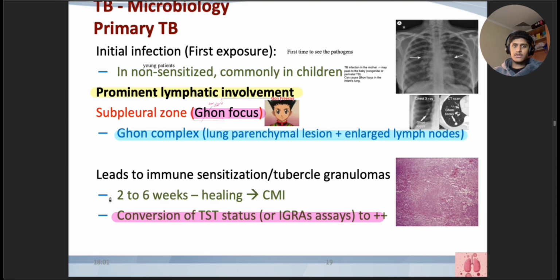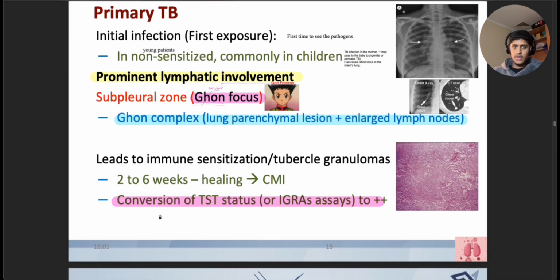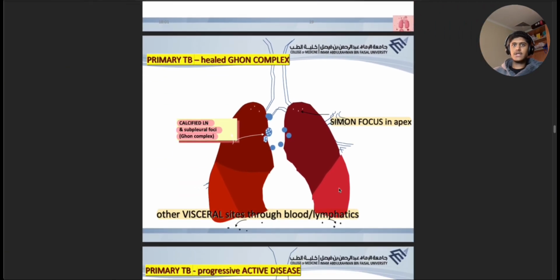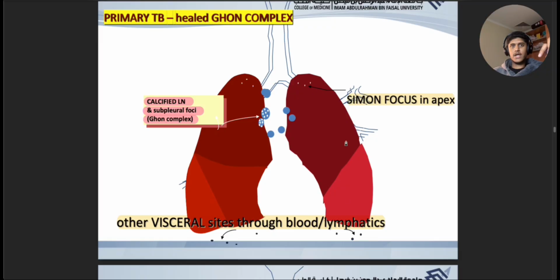And within the first 2 to 6 weeks, the healing process will start. The conversion of TST status and IGRA assays will be positive. We can see within this diagram how the Ghon complex can start calcifying and causing subpleural foci.